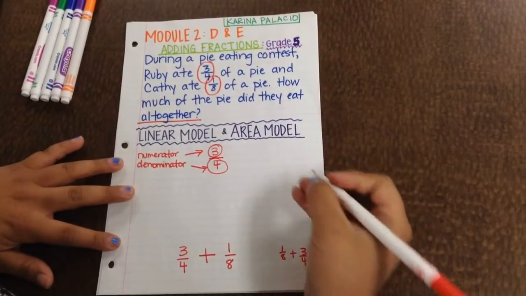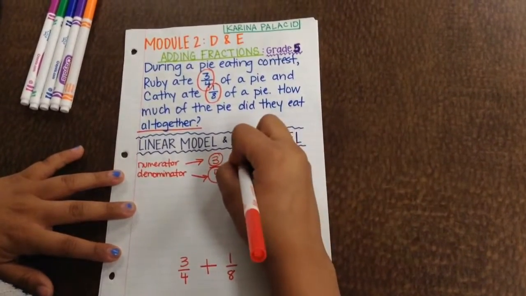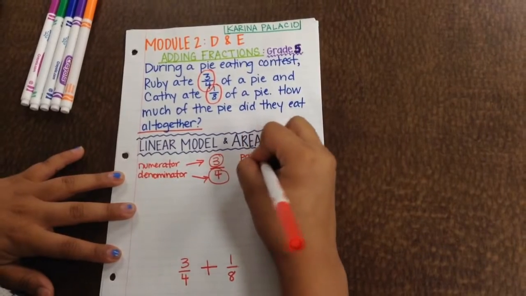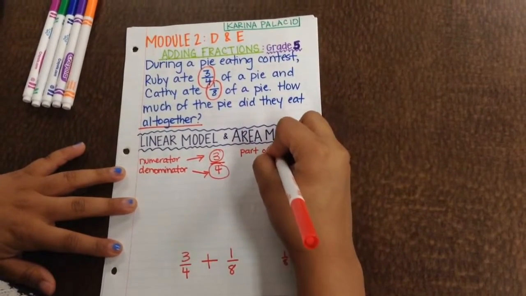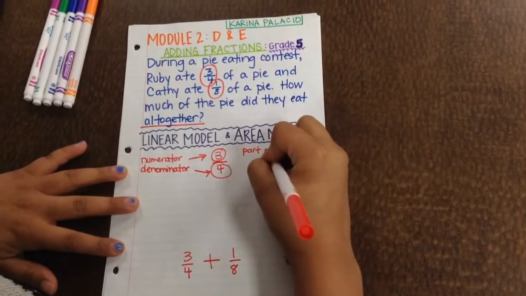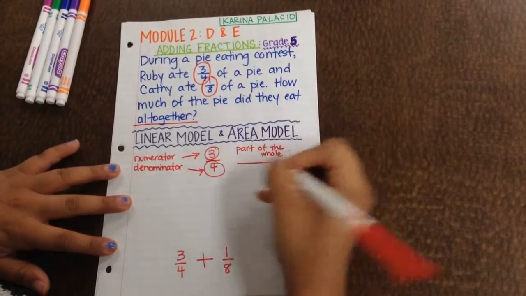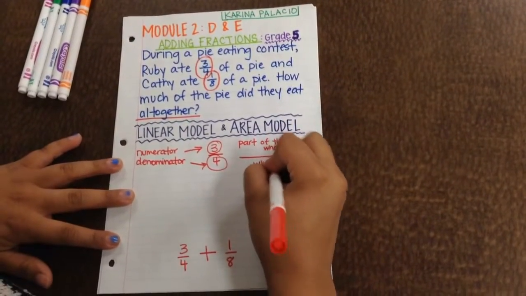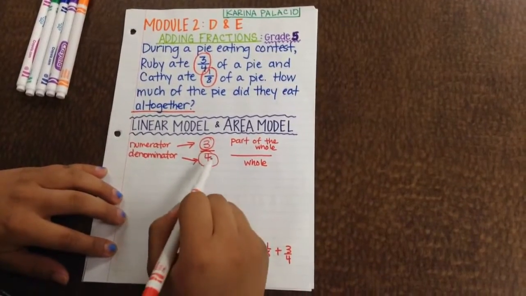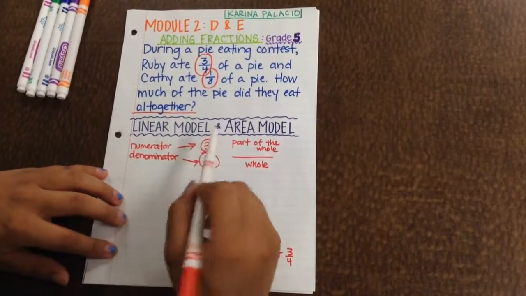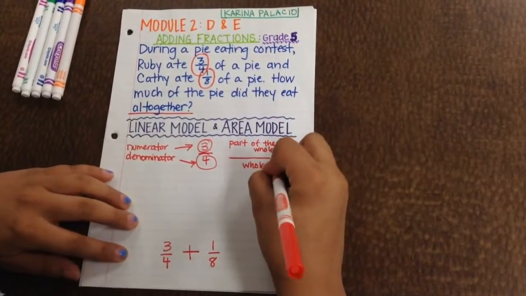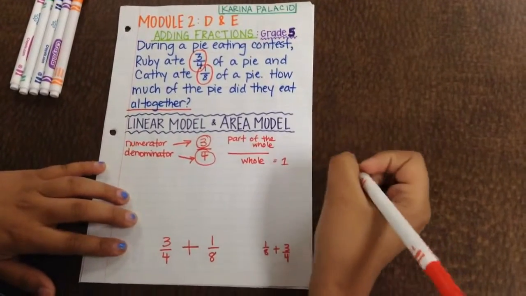We can also think of the top part of the fraction as the part of our whole, and the bottom is the whole. So 4ths would be the whole, and 3 would be the part of the whole. Usually the whole is 1.